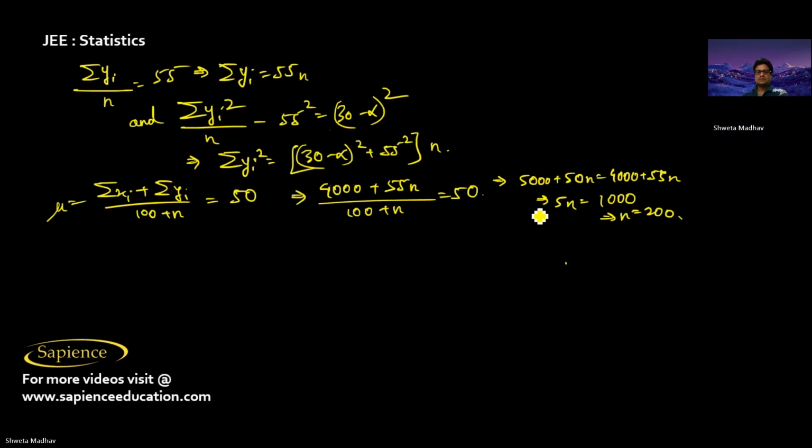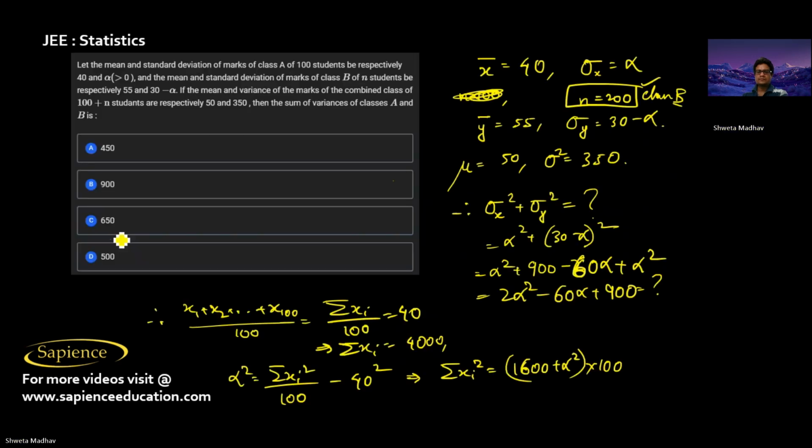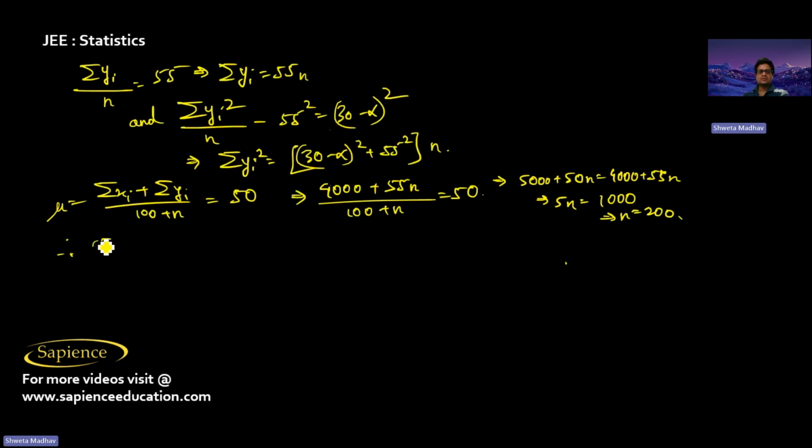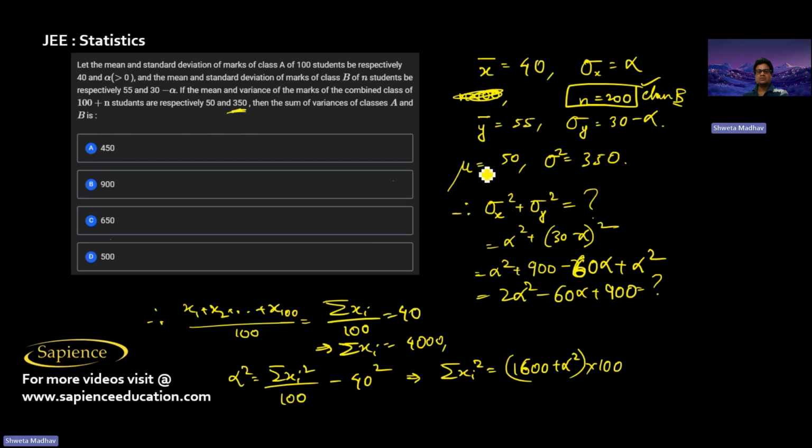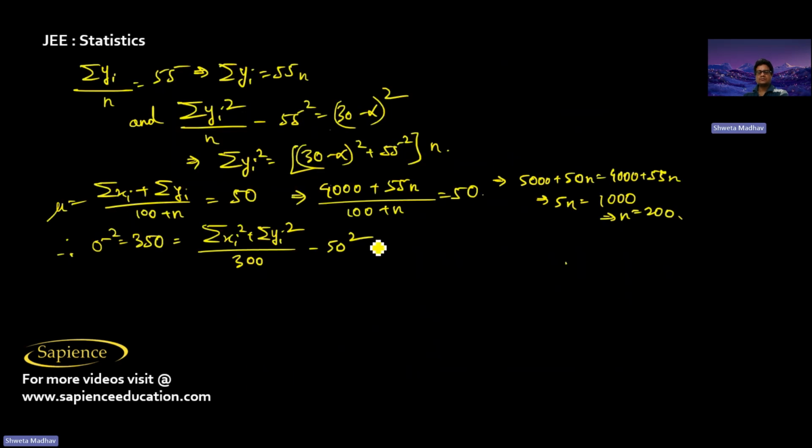Therefore, the variance of the combined class of 100 plus 200, that means 300 students, is 350. So sigma square is equal to 350, that is equal to (summation xi square plus summation yi square) divided by 300, minus mu square, that is 50 square.